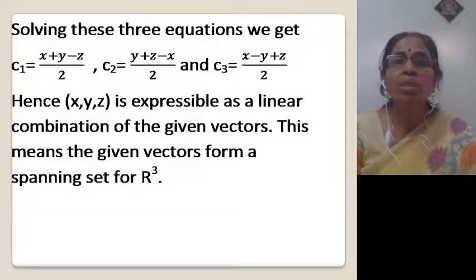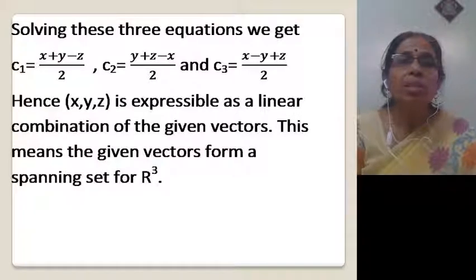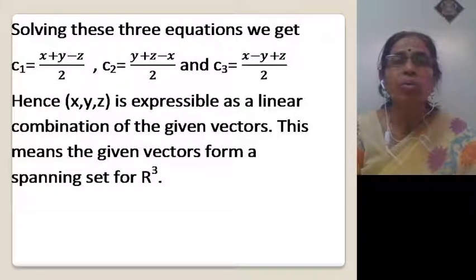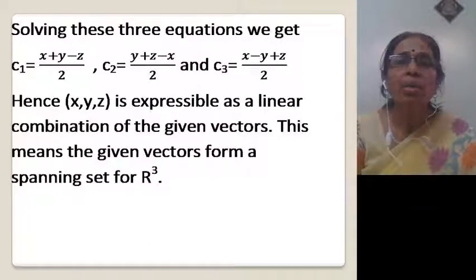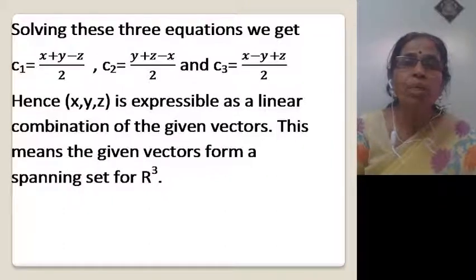Solving these three equations, we get c1 is equal to x plus y minus z upon 2, c2 is equal to y plus z minus x upon 2 and c3 is equal to x minus y plus z upon 2. Hence, x, y, z is expressible as a linear combination of the given vectors. This means the given vectors form a spanning set for R3.